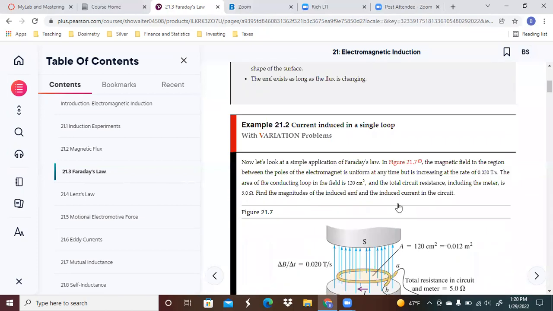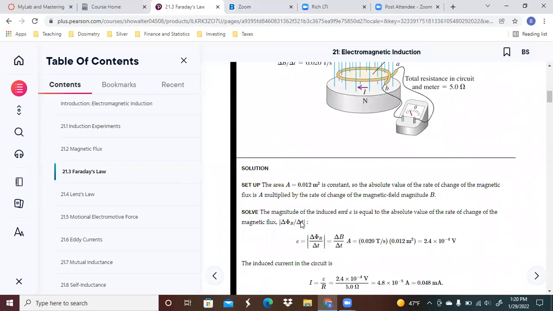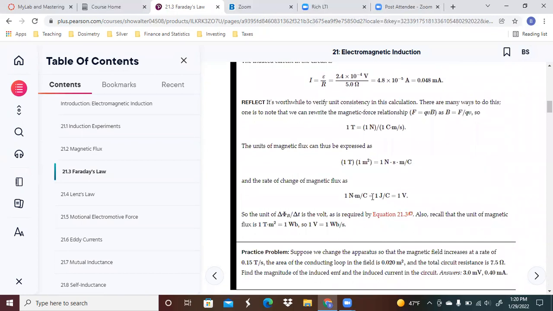Sorry for the flipping back and forth here, but that is why we get this. Again, we're looking for the change in the flux over the change in time. The area is not changing, and the magnetic flux is B times A, so if we're looking for the change here, it's going to have to be the magnetic field that's changing.